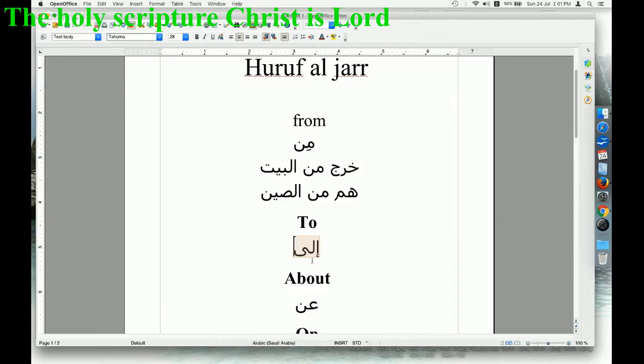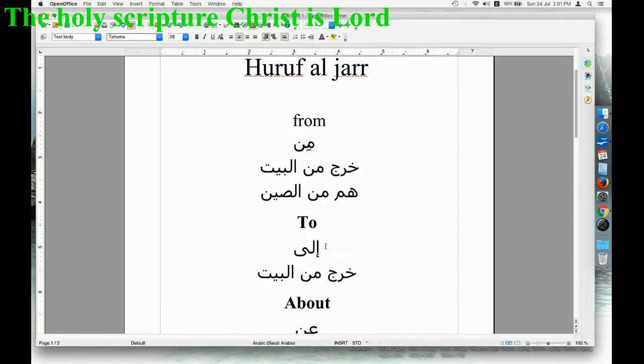So when I say ila, it's exactly as I'm using the tool "to" in English. So if I want to use the first word we learned, which is min, I will say kharaja min al-manzil or al-bayt. Let's use bayt.